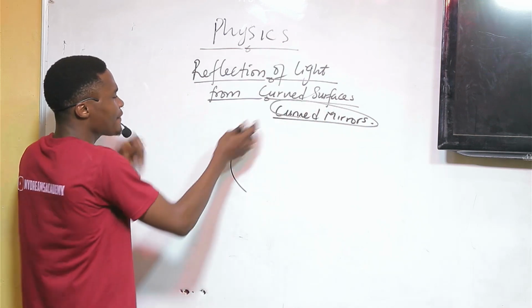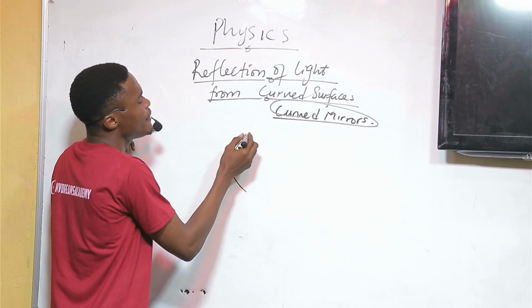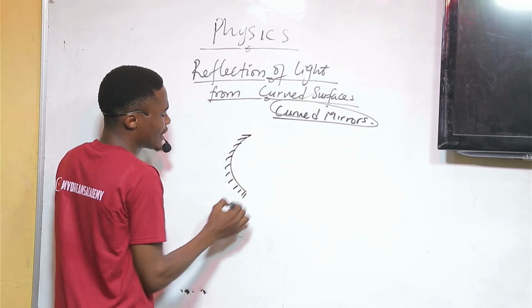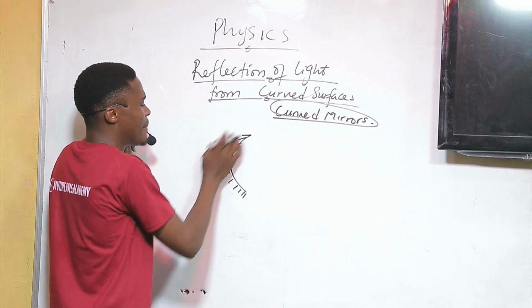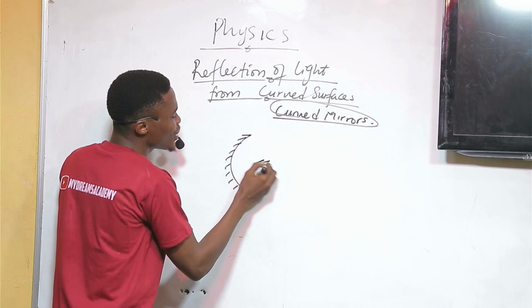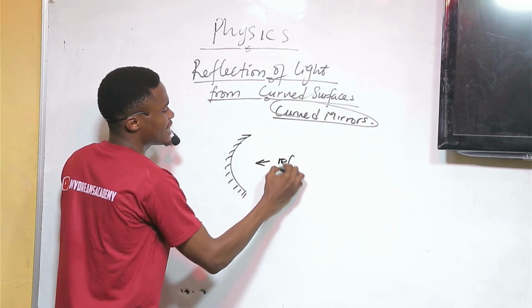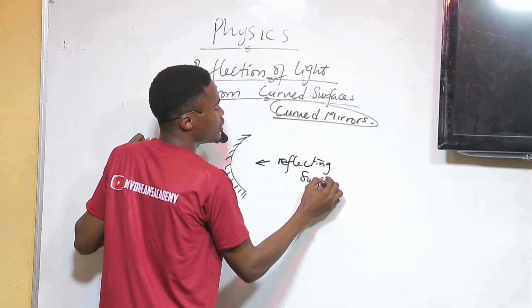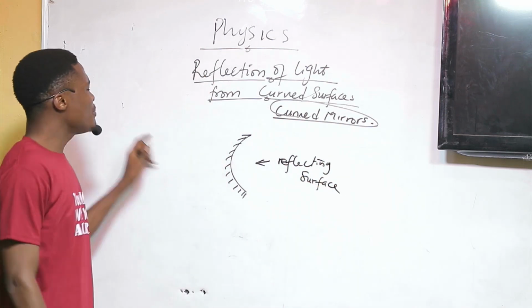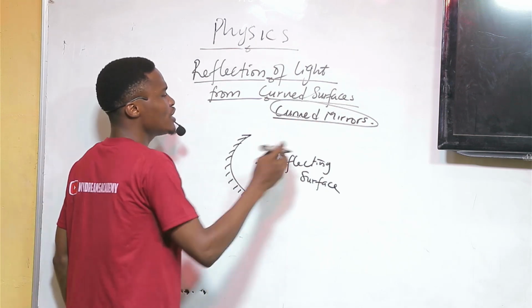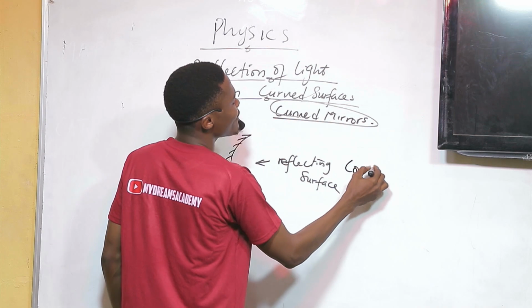After cutting that spherical glass, if I decide that I want to coat the outer part, so I paint the outer part so that the inside becomes the reflective surface. This is the reflecting surface. Okay, now because the inside is the reflecting surface, this type of mirror is known as a concave mirror.